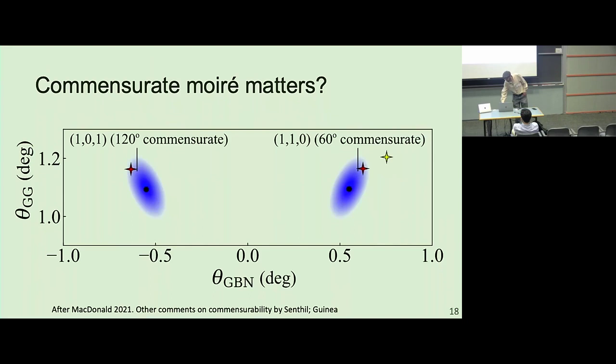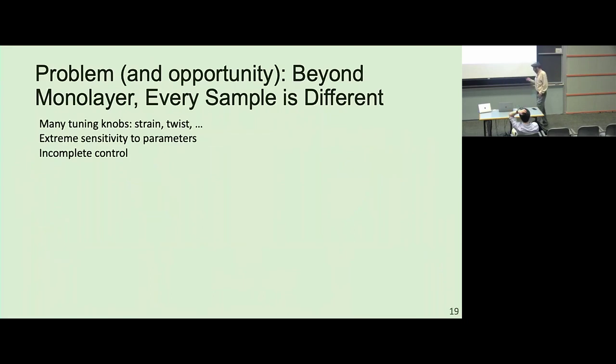It makes sense. So what we're seeing is that now there's not just one tuning knob, but a second tuning knob, a second twist angle, and this is representative of the problem in this space, which is also, of course, an opportunity, that you can tune so many things, or so many things can differ, and so every sample is different.